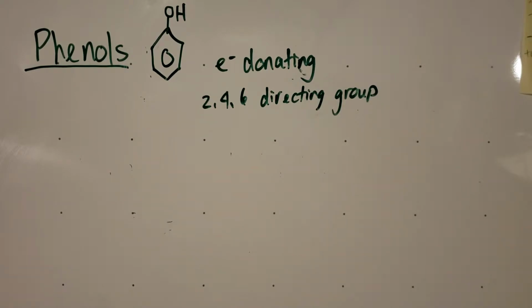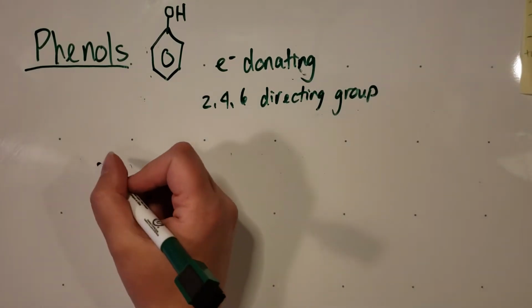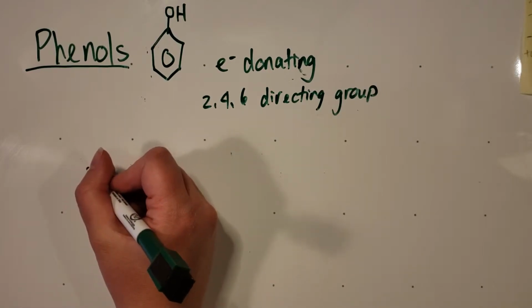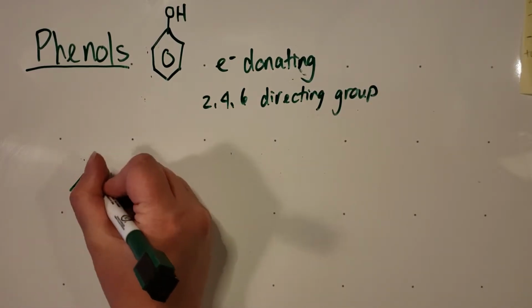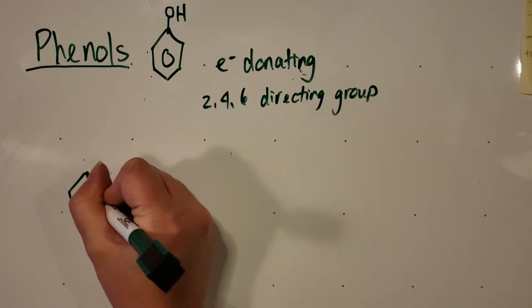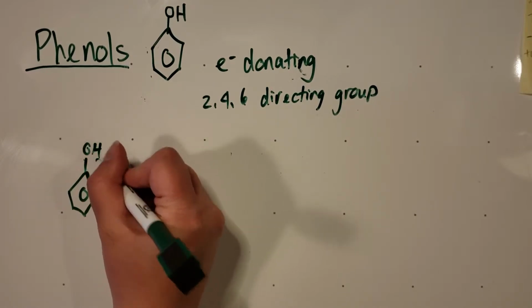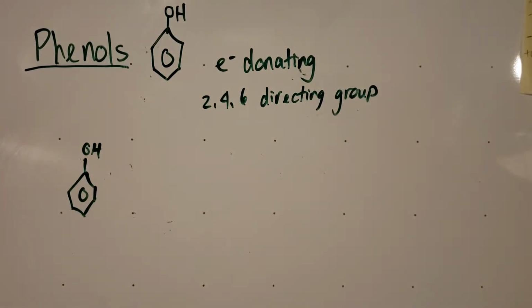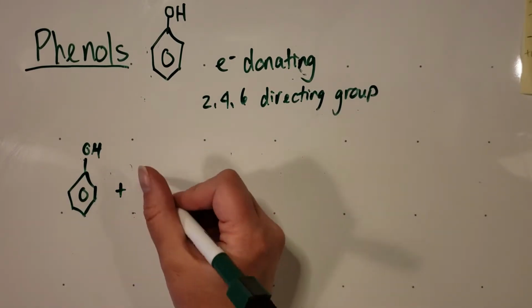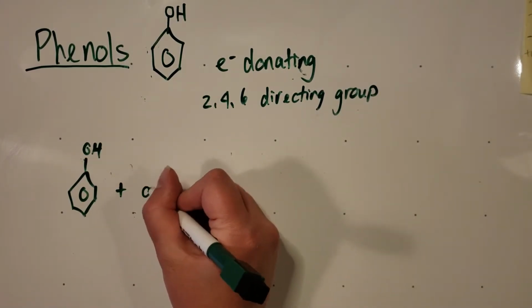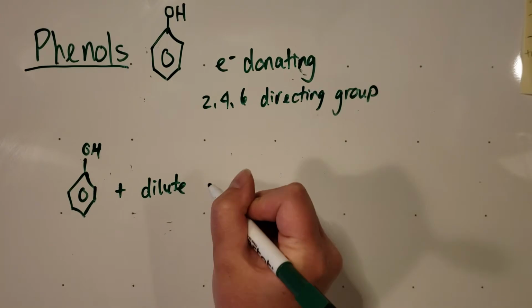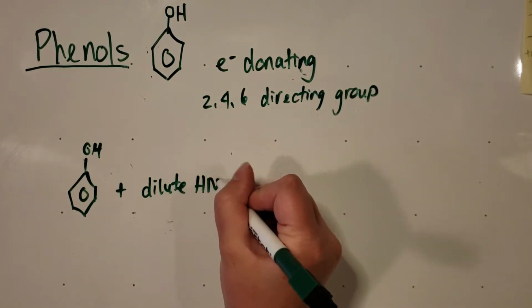If we look at the nitration, adding a nitro group, benzene ring, the OH. Now we are adding dilute HNO3.